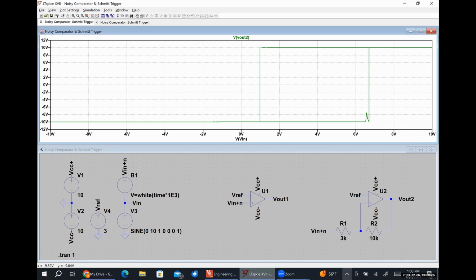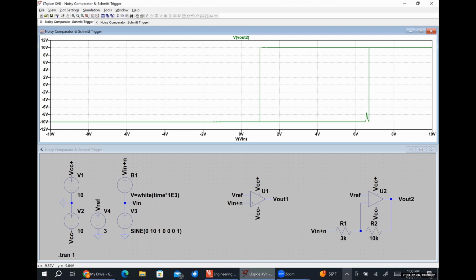Okay. Yes, Isaiah. Let me preface my answer by saying that this isn't a comparator anymore. This is a Schmitt trigger circuit, and it's a Schmitt trigger circuit because we have positive feedback.